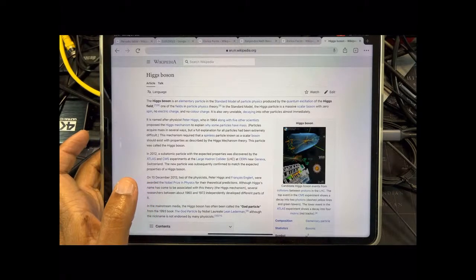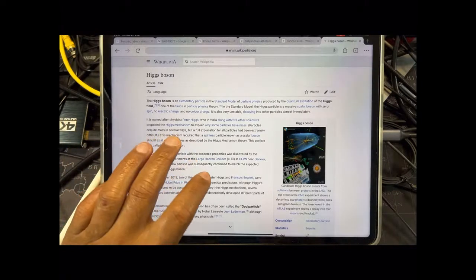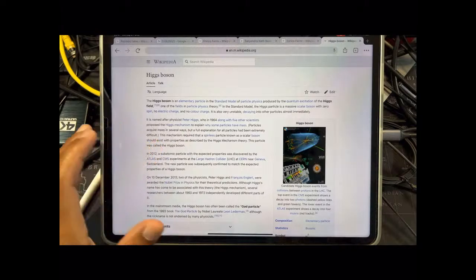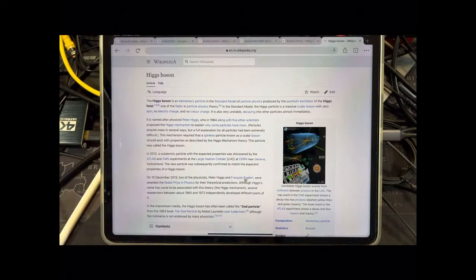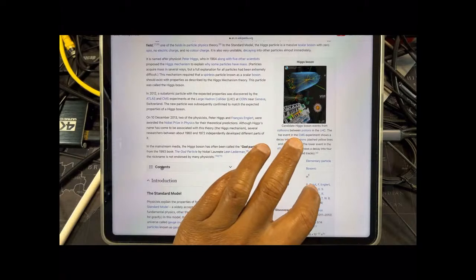The word Higgs comes from Professor Peter Higgs. Higgs boson was associated with Peter Higgs from England.